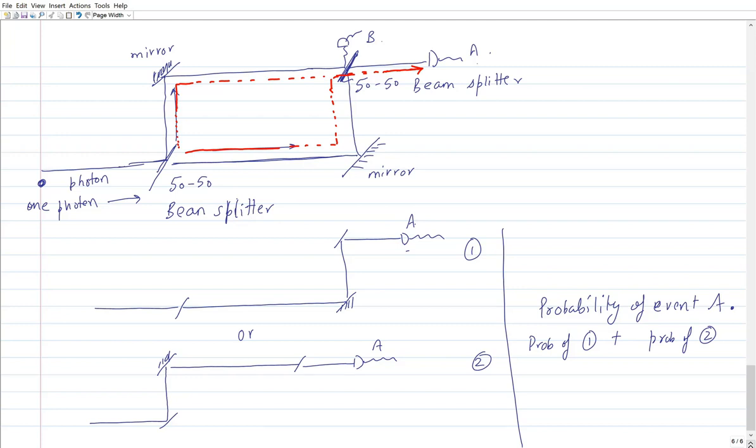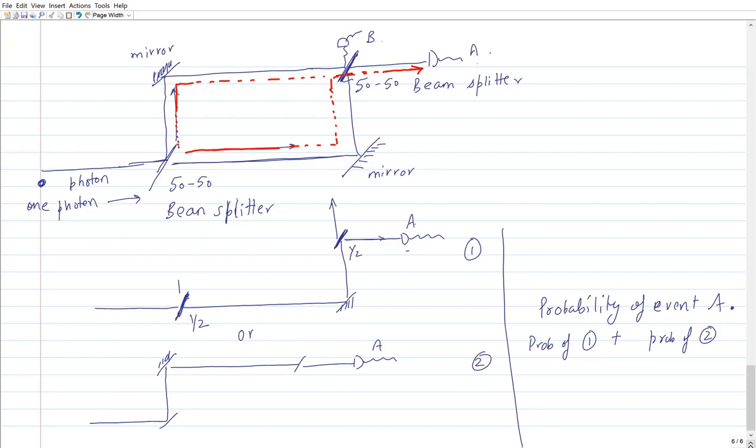How are we going to calculate the probability? At this point, the probability of going this way or this way was half-half. So I have half. And then over here, again at this beam splitter, the probability of going either to detector B or to detector A is again half-half, 50-50.